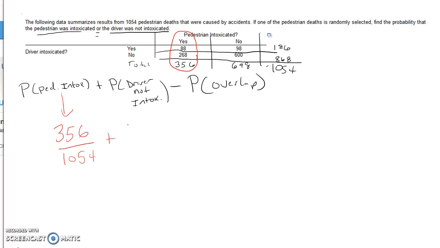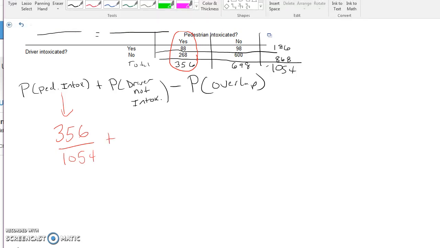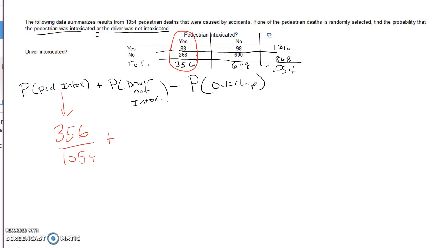Then we're going to do plus. Now we want to find the case where the driver was not intoxicated. It's this row right here, and there's a total of 868 out of 1054.